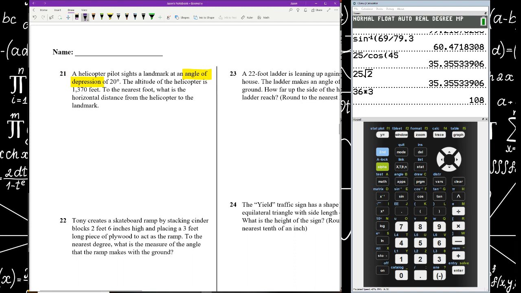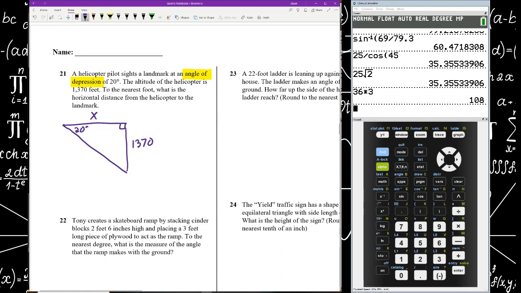The angle of depression is going to be with the horizontal line. We put 20 degrees here. Altitude is how high the helicopter would be, so that's going to be the one going up and down, 1370. It wants the horizontal distance.